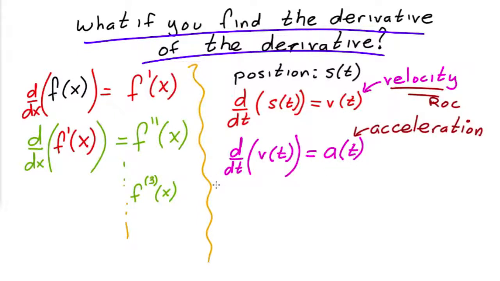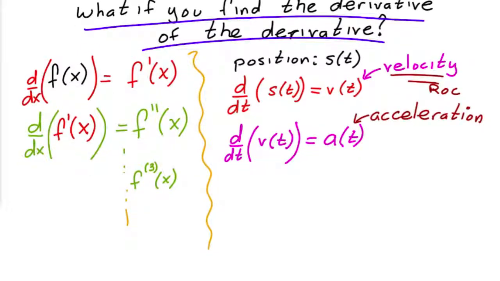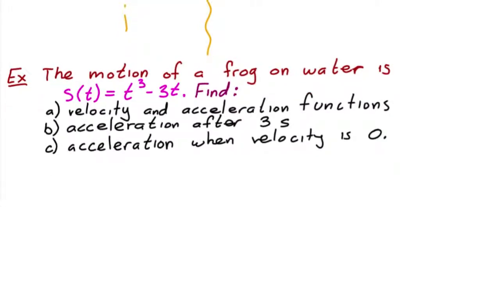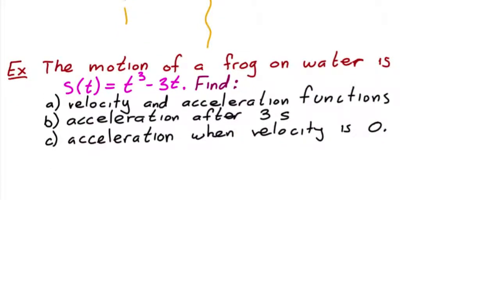And of course this would extend to other situations as well. So let's say, for example, we've got a frog on water, and the motion of this frog on water is described by this function.